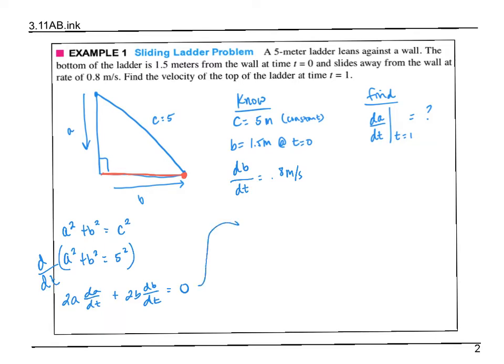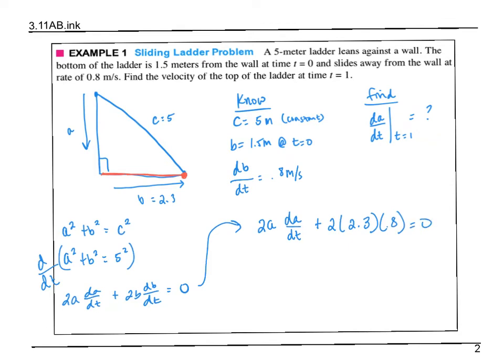So when we are ready to plug in, we don't have an A right now. We're looking for a dA over dt. We know our B right now, 2.3. We know our dB dt, 0.8.